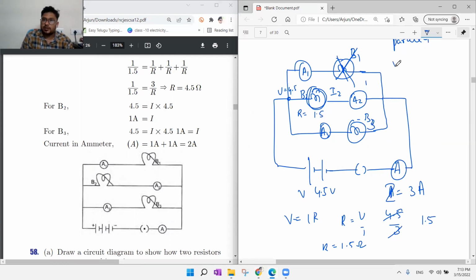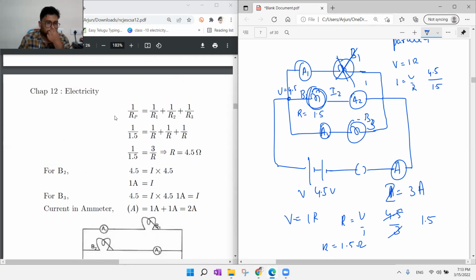Now we have to find the I value. We know V is equal to IR, I is equal to V by R, V value 4.5 upon R value 1.5.